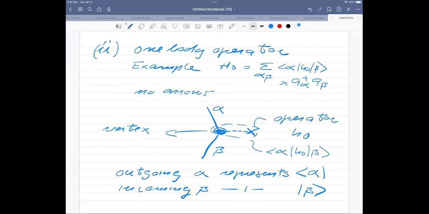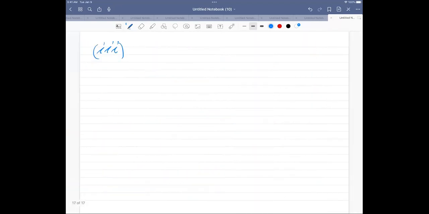Okay. So if we then do the two-body operator, what we have is something with the matrix element alpha beta V gamma delta, and then the operators A alpha dagger, A beta dagger, A delta, A gamma. This is the general form. And we would typically write this as follows.